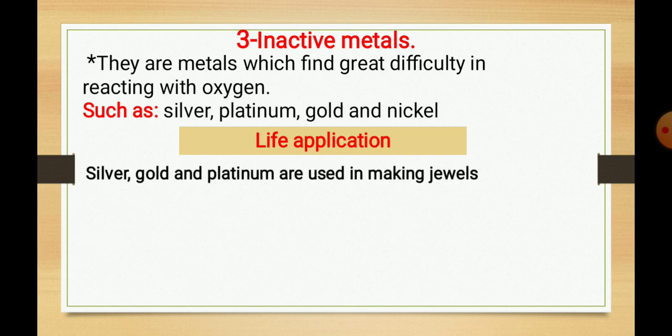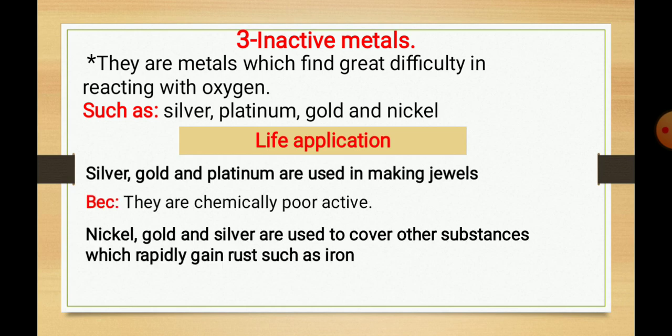First, silver, gold, and platinum are used in making jewels. Give reason: because they are chemically poorly active. Number two, nickel, gold, and silver are used to cover other substances which rapidly gain rust, such as iron. Give reason: to protect them from rust and corrosion.